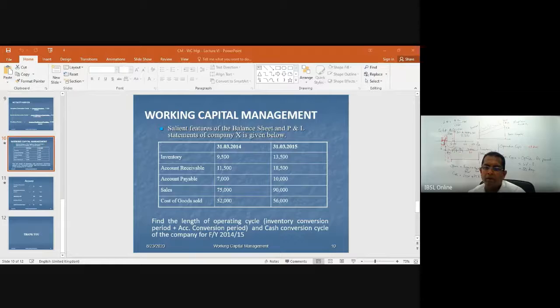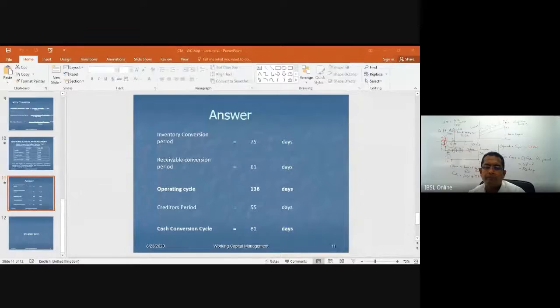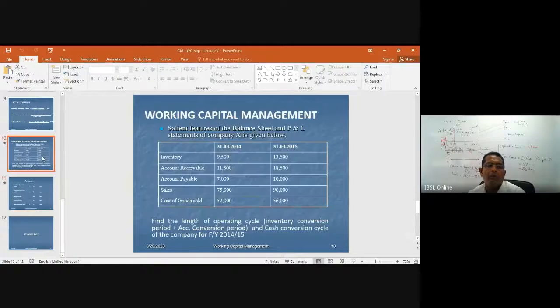Inventory 78. There are slight changes in your calculation. Can I know the formula you used? Inventory has to be average and the cost of goods sold. Right?